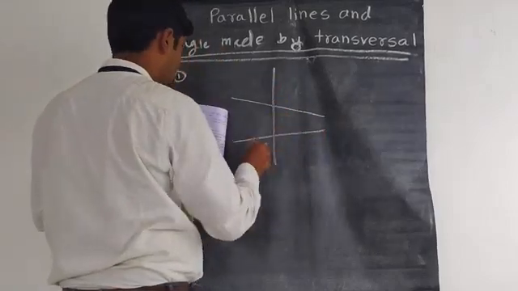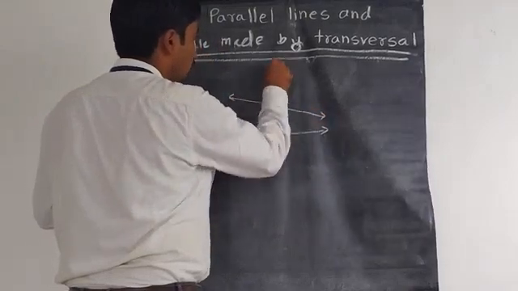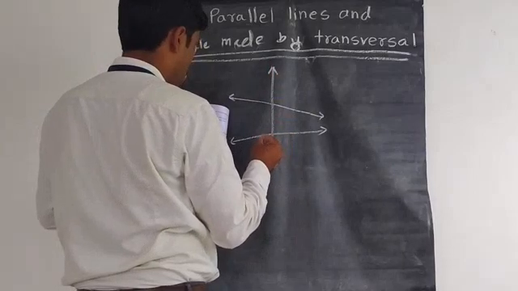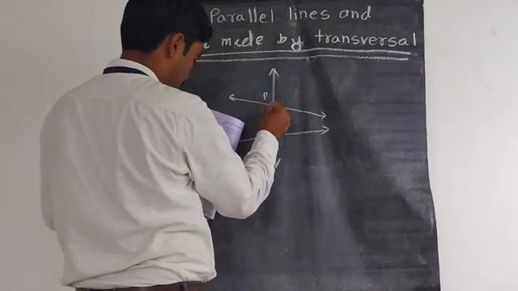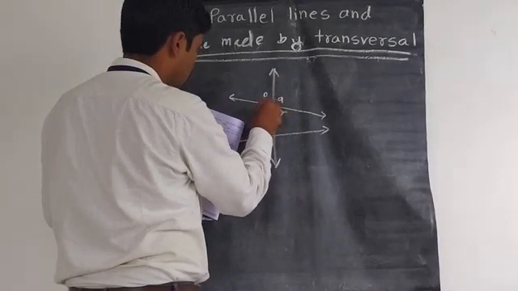This is the transversal. These are the two lines. Now these are 4 points, that is the 4 angles P, Q, R, S.